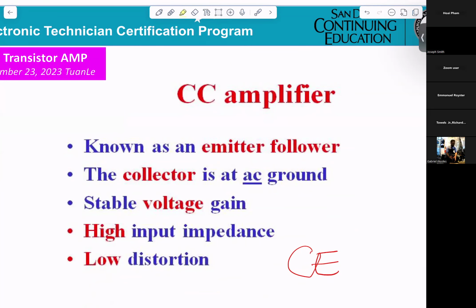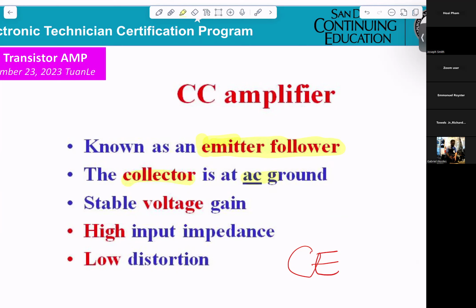Okay, we go quickly through the CC amplifier, common collector, also known as emitter follower. Common collector or emitter follower, same name.